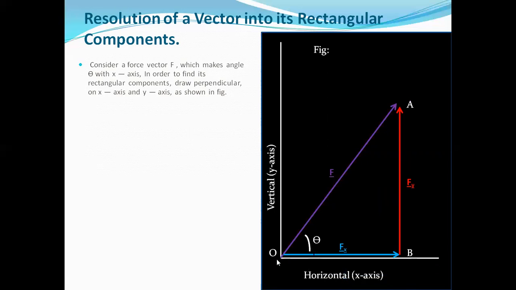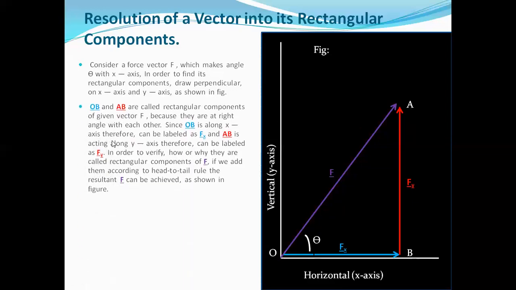So we name all of these points. Let's call the point of origin O. Let's call this point B, and let's call this point A. OB and AB are called rectangular components. That means the horizontal part is OB and AB is the vertical part of a given vector F because they are at right angle with each other.